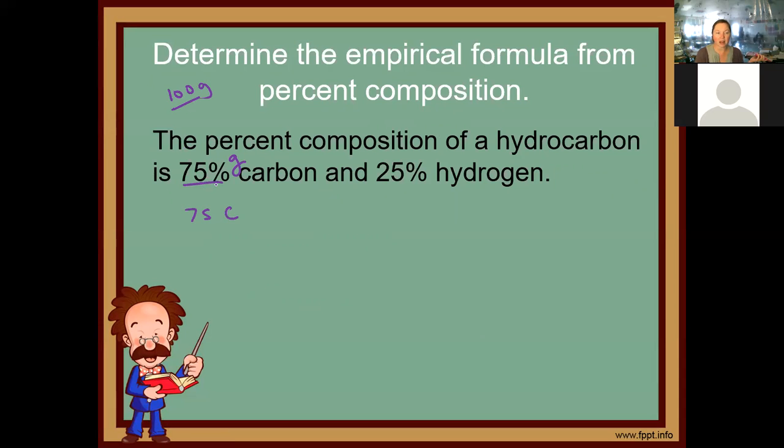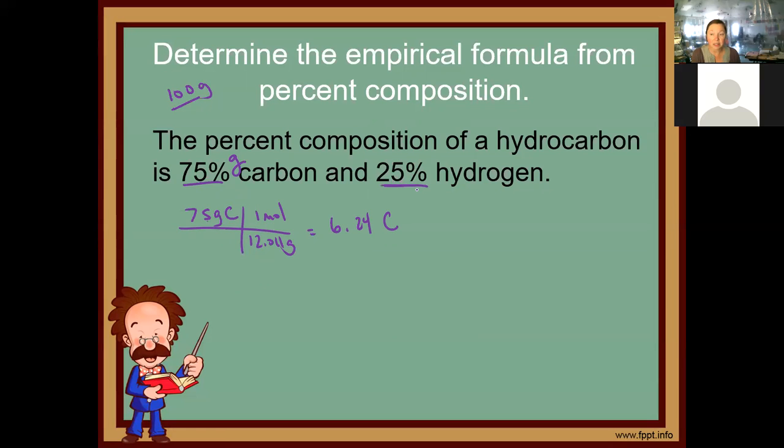I'm going to turn that into moles with my 12.011 grams per mole. 75 divided by 12.011 is going to give us 6.24 moles of carbon.